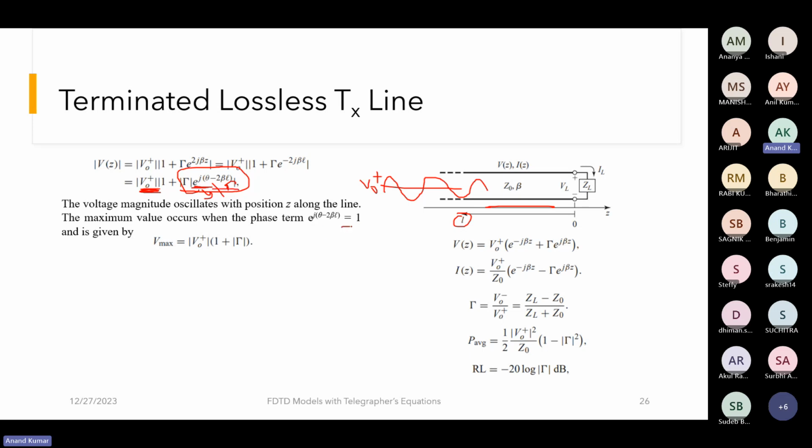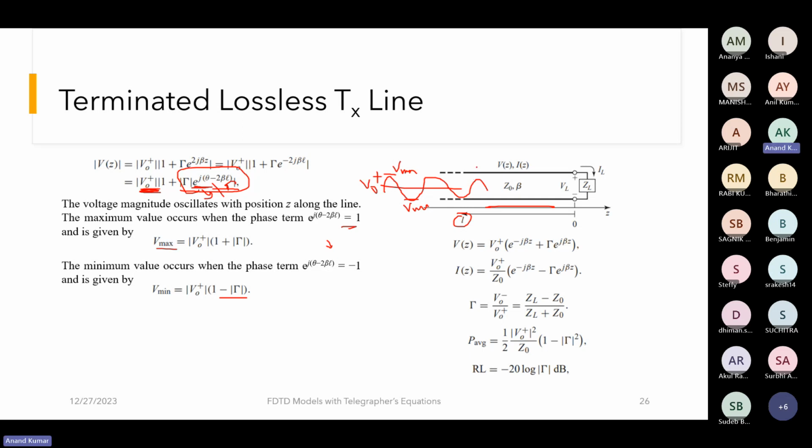Based on this argument value, the maximum value that you can achieve is 1, in which case you get the V max value, which will be 1 plus gamma, and the minimum value will be minus 1, which will give you 1 minus gamma. So this will reach a maximum value of V max, and this will reach a minimum value of V min, and your voltage across the transmission line will oscillate between these two values.